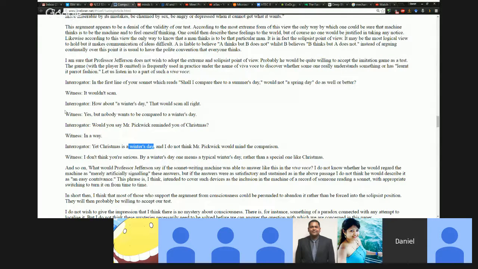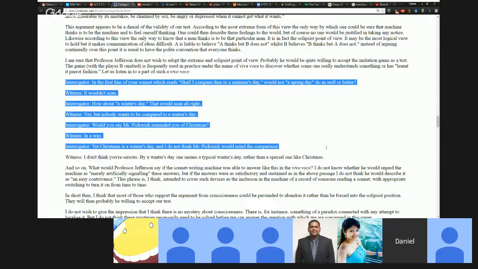These are all things that the computer has to understand in order to be able to engage in this kind of conversation. It demonstrates a certain level of intelligence and understanding, sensitivity to poetry and nuances of language and all that. So if the machine can demonstrate this kind of conversation, we should judge it to be intelligent in the same way that we judge a human that gave the same kind of response.